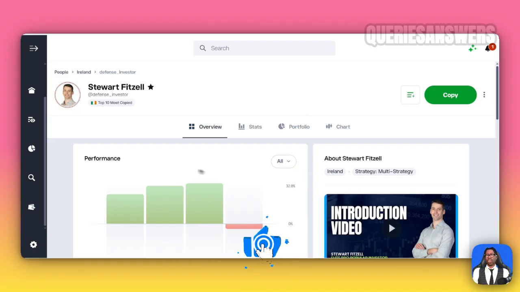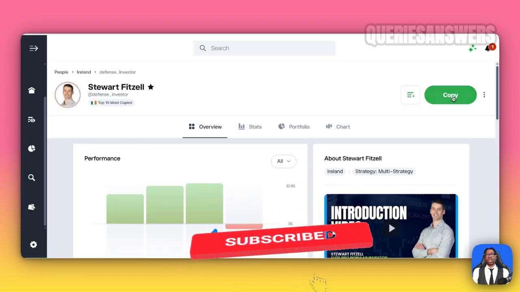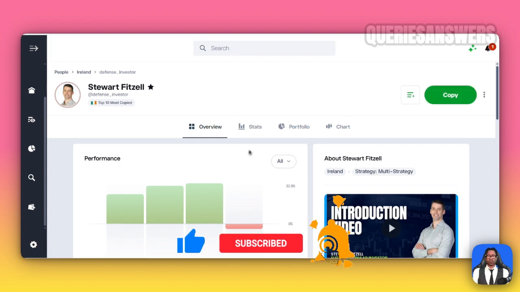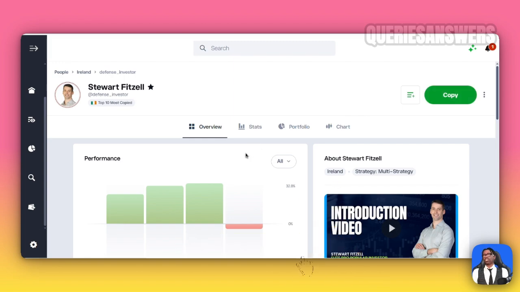For example, let's say we love to copy this person. It's just a matter of clicking copy here, and then you allocate some funds in your account to copy whatever they will be doing. So whatever instrument they trade, your account will also trade that instrument. Again, you have the ability of coming into your account and making adjustments based on how they are performing, or you can just stop the copying altogether.